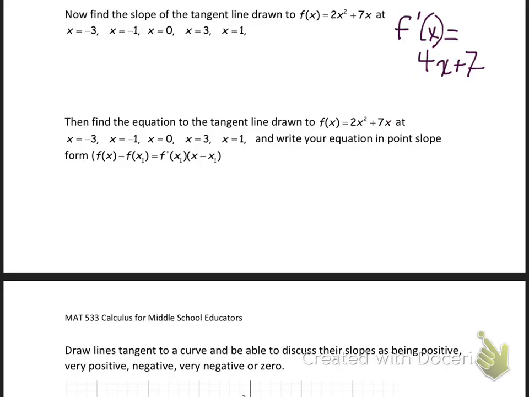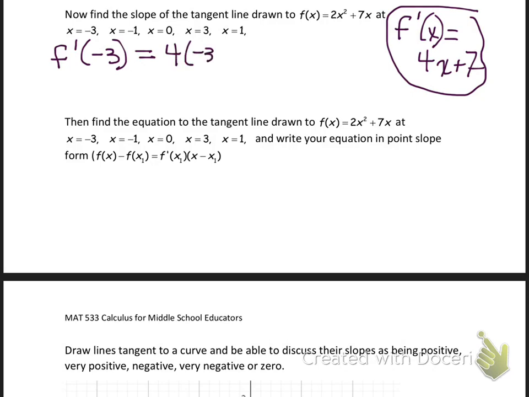Alright, so now it says, now find the slope of the tangent line drawn to f(x) equals 2x squared plus 7x. So we found the generic slope, but now they want us to find it at certain values of x. So if I want to figure out what f prime of negative 3 is, I'm going to plug in negative 3 wherever I have an x.